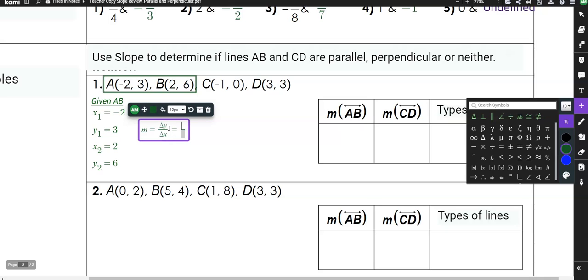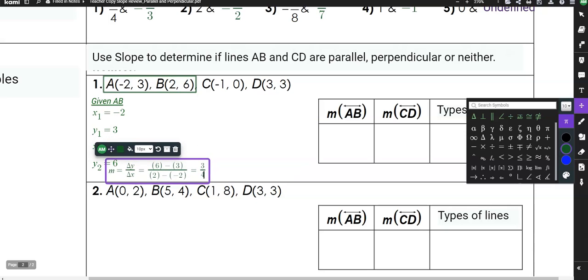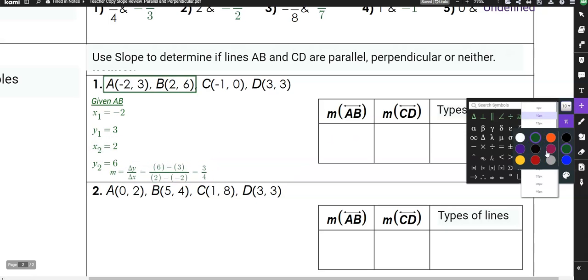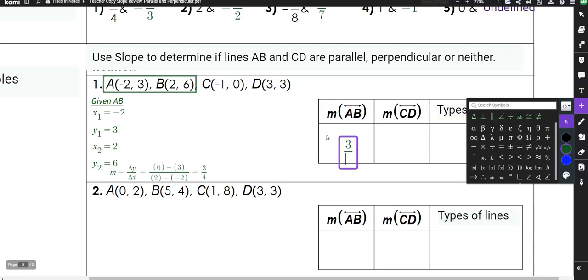So we have our y2, which is 6, minus y1, which is 3, over our x2, which is going to be 2, minus our x1, which is negative 2. And we have 6 minus 3 is going to be 3, and 2 minus negative 2 will be positive 4. I'll put that down here. So the slope of line AB is 3 over 4.